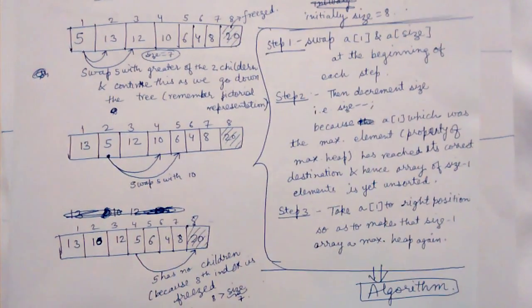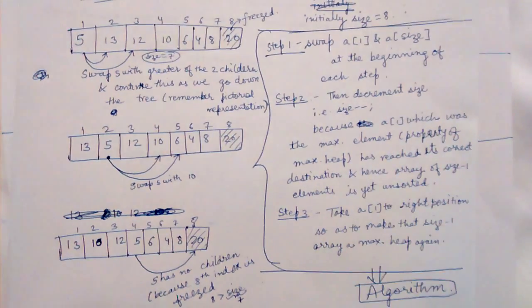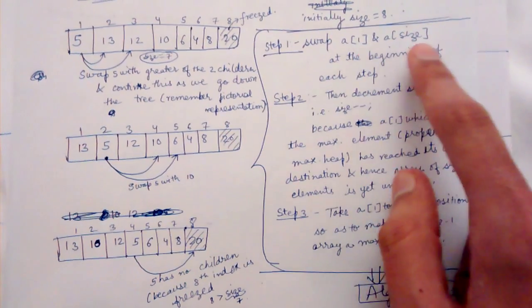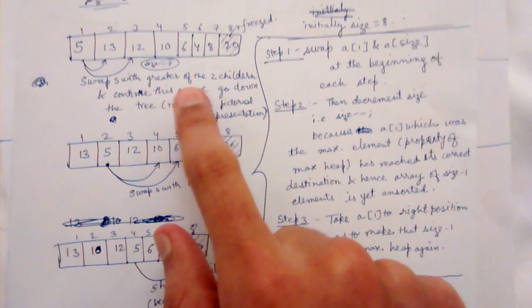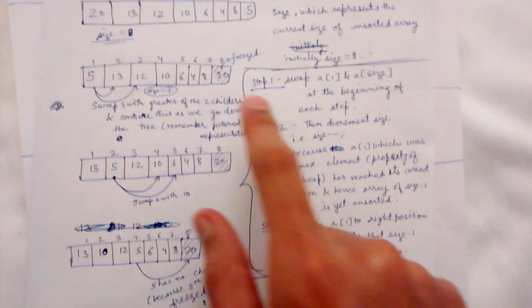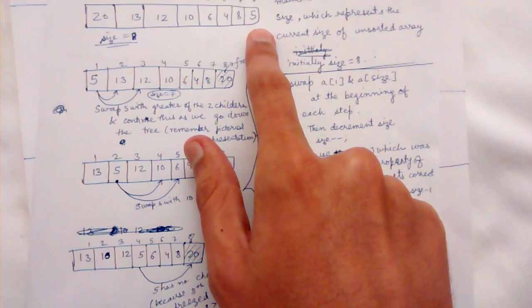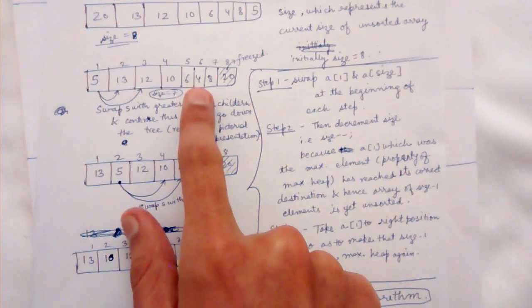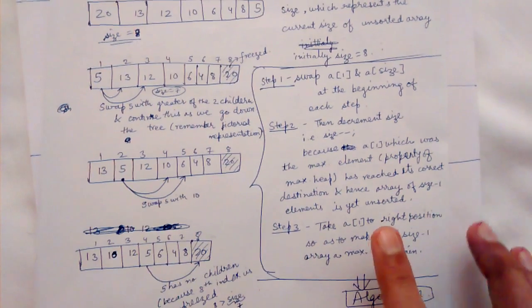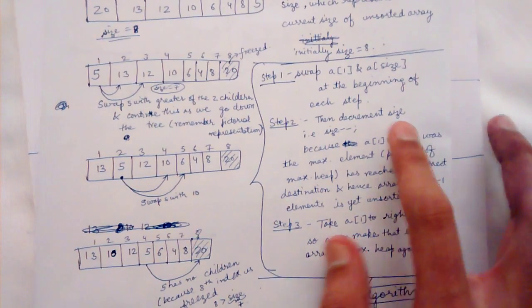make them clear. So the first step is to swap the A1 element with A size. That is, for now we need to swap the first element with A size, that is the A8th element. That is, we swap 20 and 5 to obtain this array. Then the next step is decrement size.